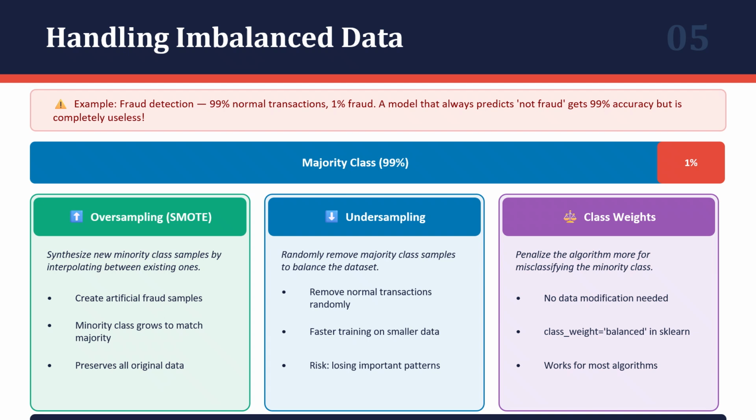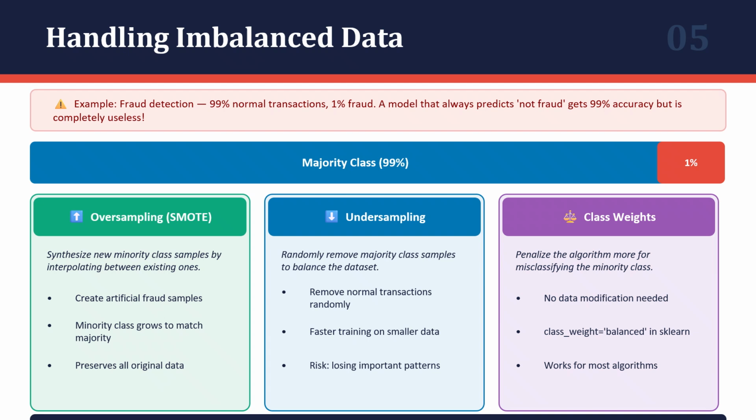It creates synthetic samples by finding nearest neighbors in minority classes and interpolates between existing minority samples. From imblearn.over_sampling import SMOTE.